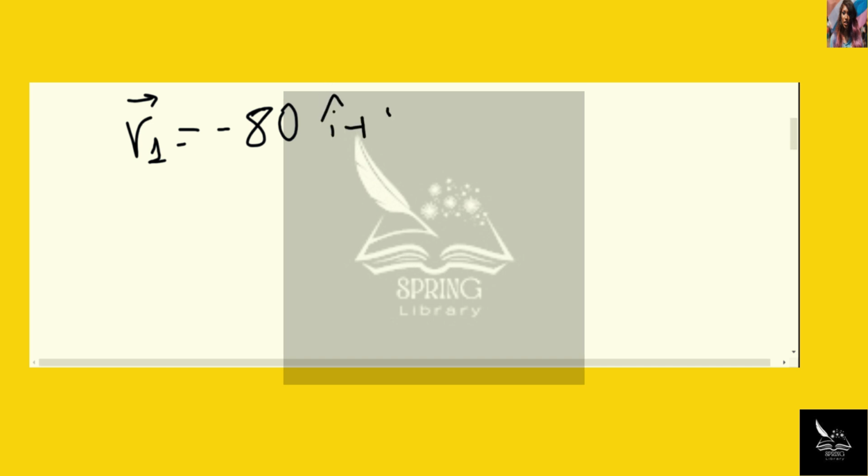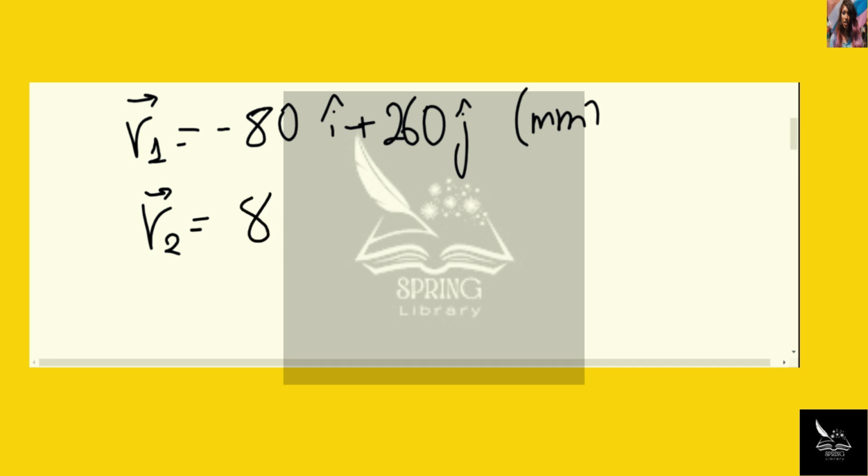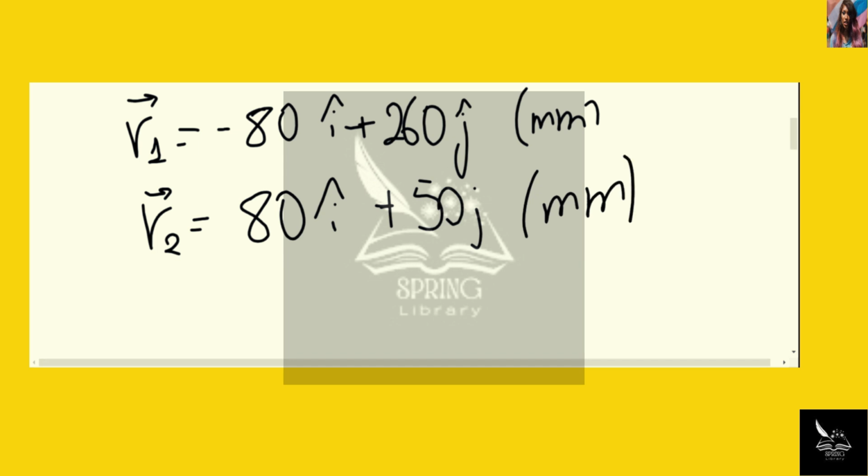And if we use point F as our origin, then R1 equals minus A i hat, minus 260 j hat. This is in millimeters. Then R2 vector equals 80 i hat plus 50 j hat. This is again in millimeters.